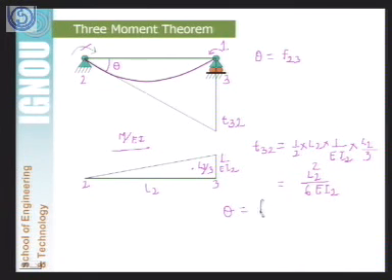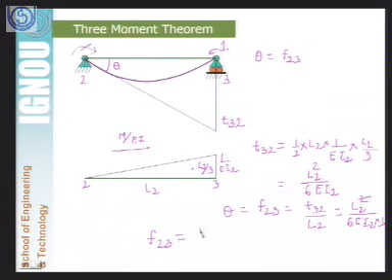Theta will be equal to F23, and that is equal to T32 divided by L2, which will be equal to L2 square by 6EI2. This L2 will be cancelled out, and F23 will be equal to L2 divided by 6EI2.